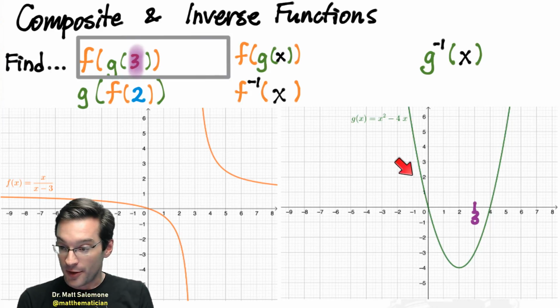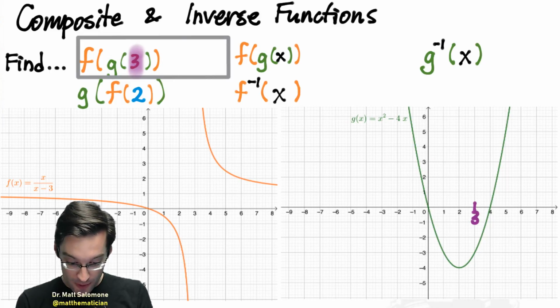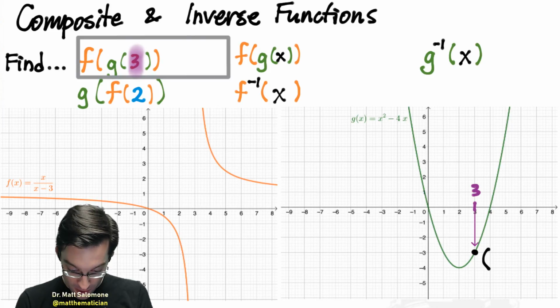So that means that on the graph of g of x, I'm going to start with x equals 3. I'm going to look above and below that point and see if there's any point on my graph of g of x that's above or below that point, and sure enough, there is. I'm going to move my number 3 up here just so it's a little easier to read. There is a point on the graph that has an x-coordinate of 3, and therefore we can evaluate g of 3 just by looking for the y-coordinate of that point, and that y-coordinate, according to my graph, is -3.